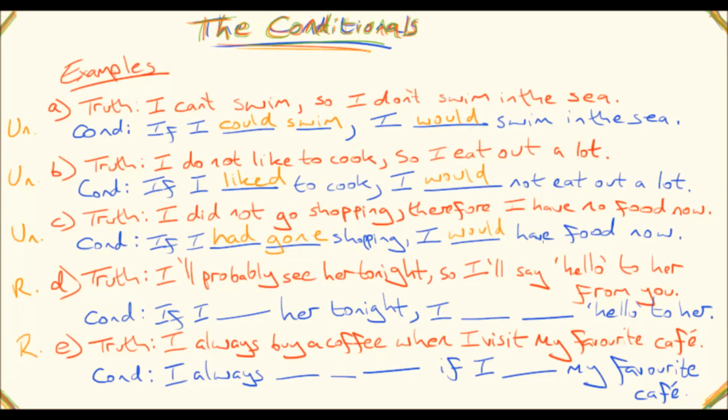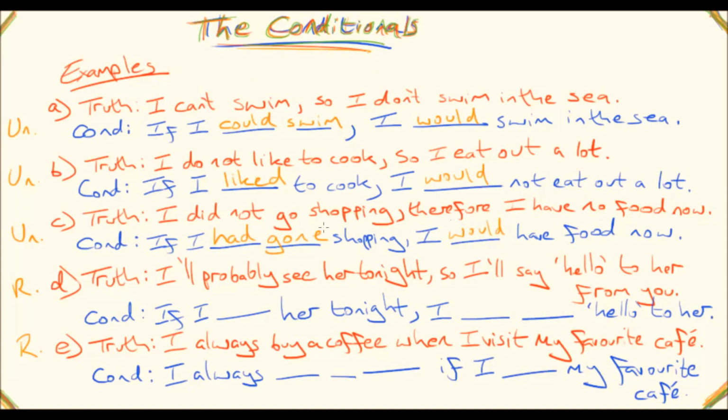Now this is a bit confusing. This have makes it look like it could be thrown into the past, but this is actually our main verb in the main clause. So it's a base form of the main verb, possession. I would have food now. And so we're talking about a present outcome. And so we're not using the auxiliary verb have to throw things into the past. Just the main verb following the modal verb would.